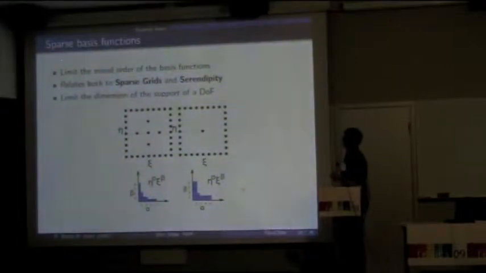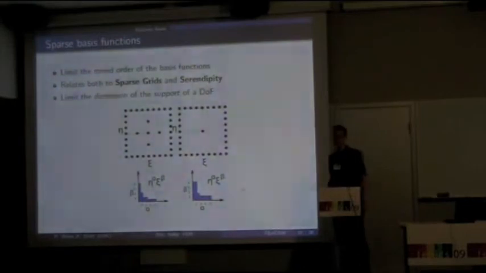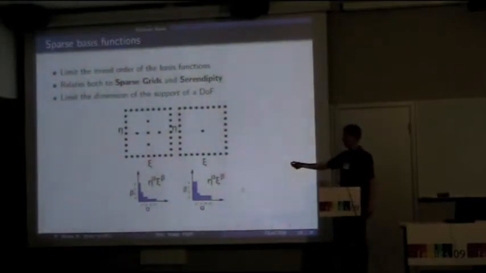We also want our basis functions to be sparse, in the sense that sparse grids are sparse, meaning we want to limit the mixed order of a given basis function, and we want the support of all the basis functions to be of some limited topological dimension, i.e. we only want to represent ones up to, say, being on a tetrahedron, rather than representing the ones that have a support of higher dimension than that.